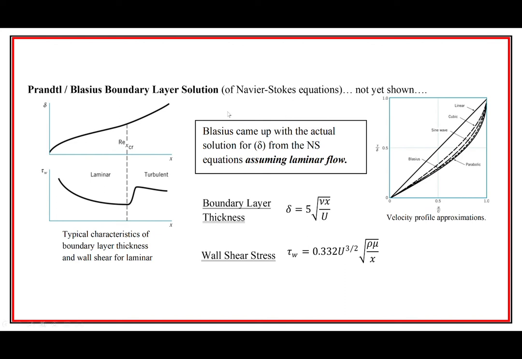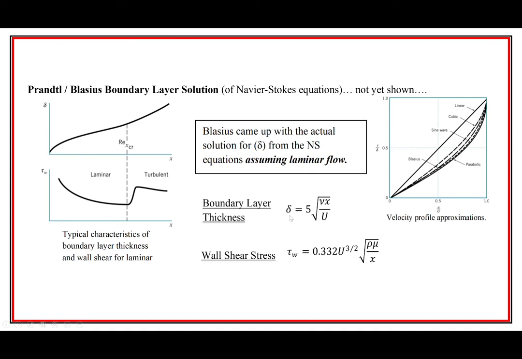And one of them was done by Prandtl and Blasius, where we came up with the solution where we assumed laminar flow only. And you can see Blasius has this distribution right here. This little chart is a velocity profile approximation, and that's the approximation that Blasius made. And that enabled him to solve the Navier-Stokes equations.